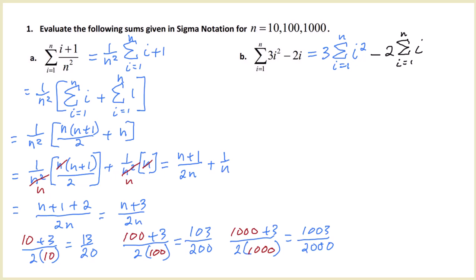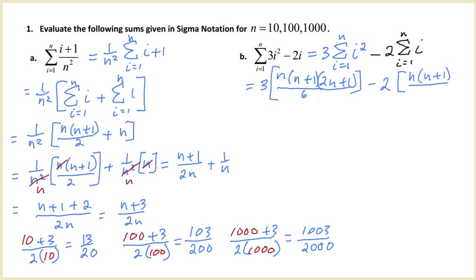Okay, so I've split them into two different summations, if you will. All right, so then I just do a little housekeeping here. For the first part, the i squared part, I plug in its shortcut.